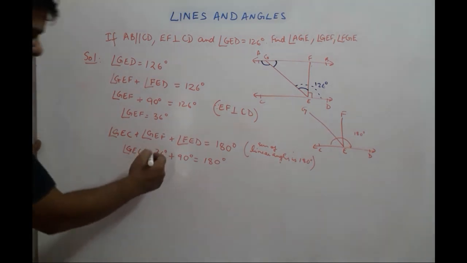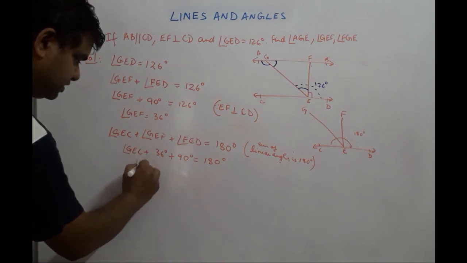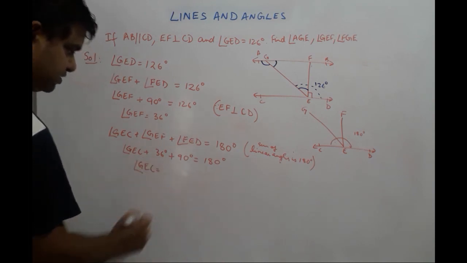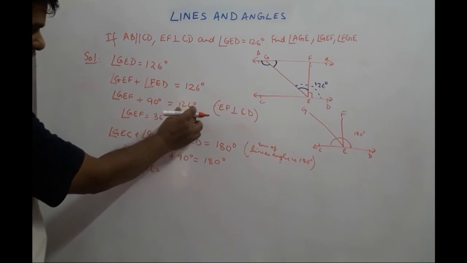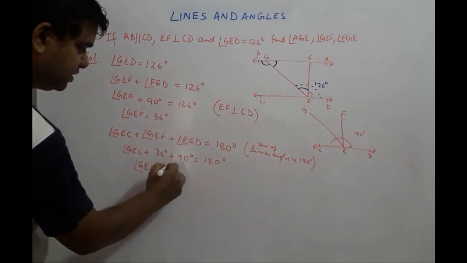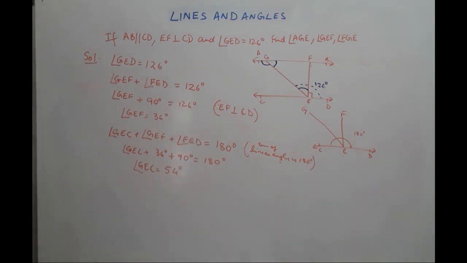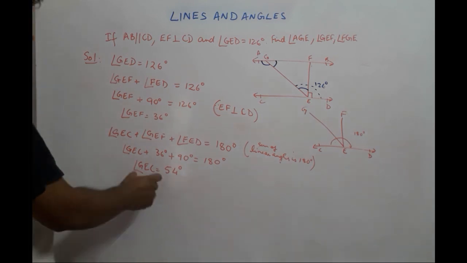Next, we take this on the other side and what we'll get is angle GEC. So that comes to 126, that was over here. So if we remove 126 from 180, we get 54 degrees. Right?